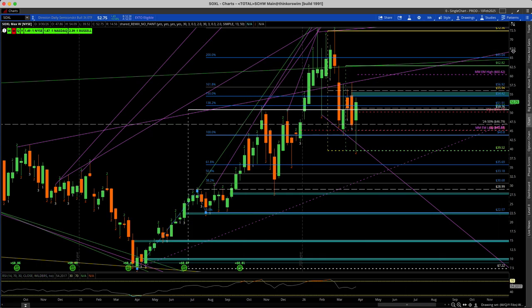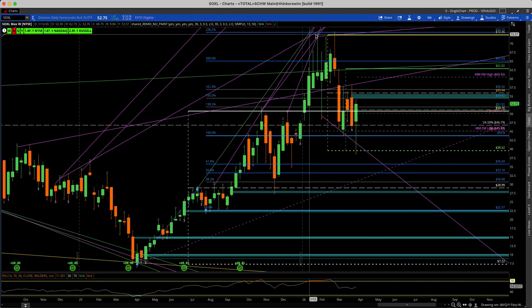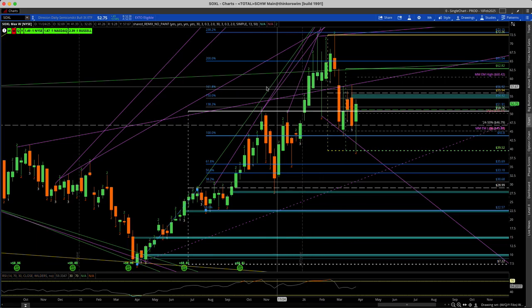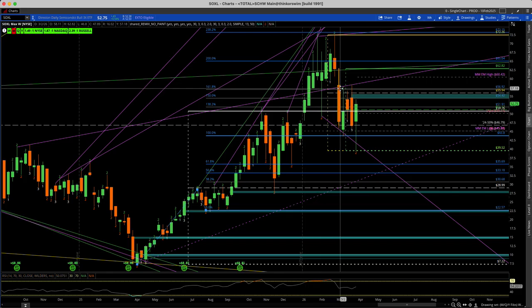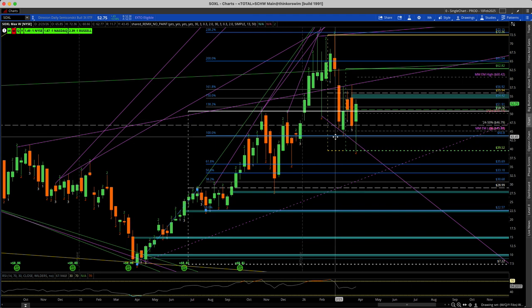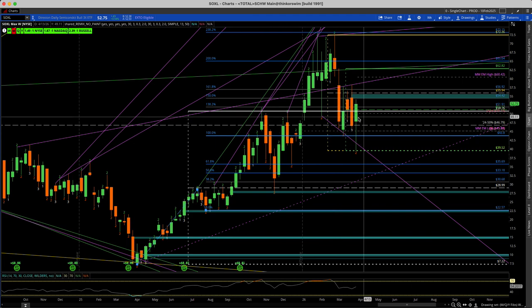And you can see at its peak, we got to the 238.2 fib, right? We had some resistance at the 200 fib. The 161.8 tried to act as support here, but so far it's been resistance, right? So bouncing in between the 161.8 and the 100 fib extension, that's perfectly fine.